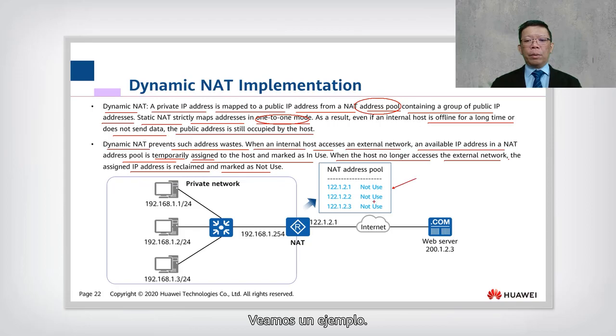This is the example here. In the pool, we have 122.1.2.1, 2.2 and 2.3. So currently, none of it is being used. So assuming 192.168.1.1 is accessing the internet, what will happen here is it will use one, and this will be marked as in use, and we have two more IP addresses not being used.